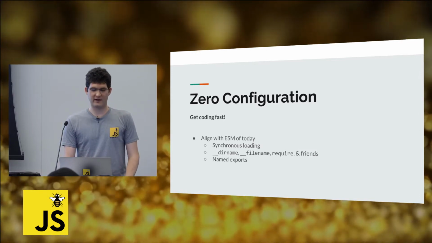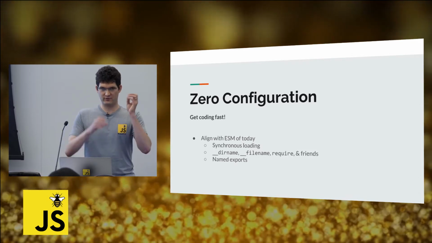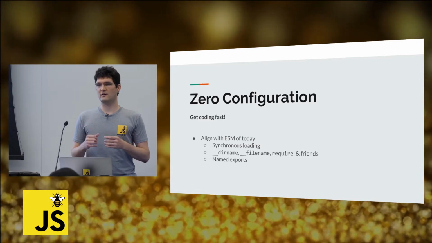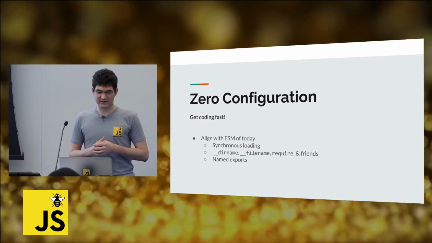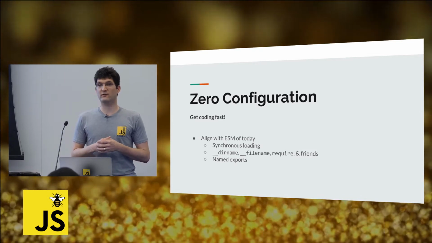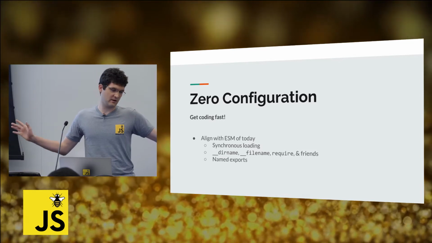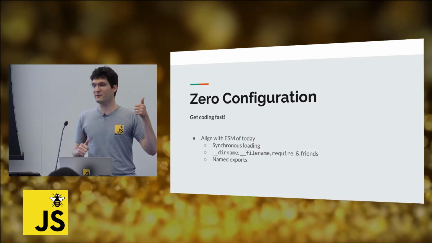Named exports. So named exports are like before where I said import pluck from Lodash. That's a named import of a named export. And that's something that Node currently doesn't support in their experimental branch either for common.js packages in the wild. They support it for their built-ins because I added support for them.